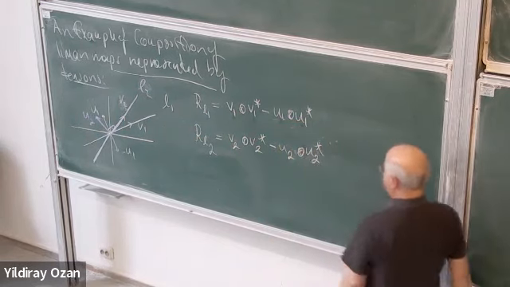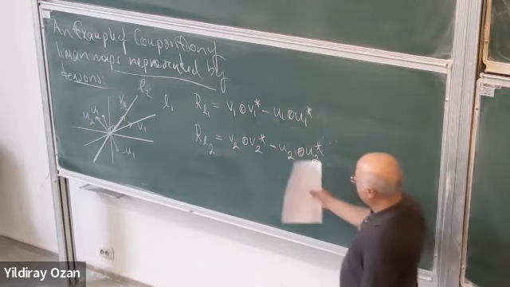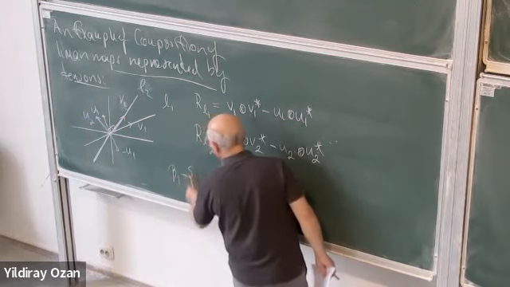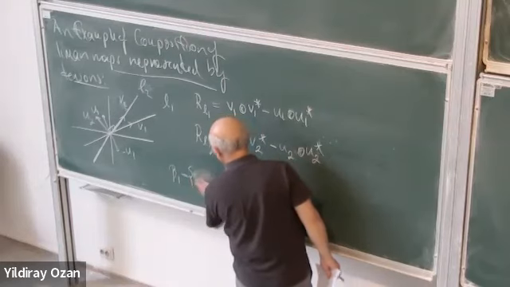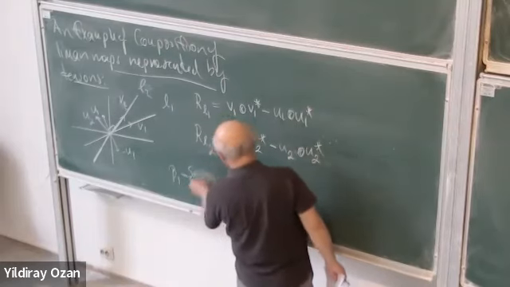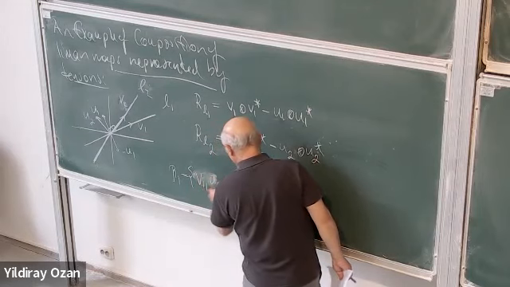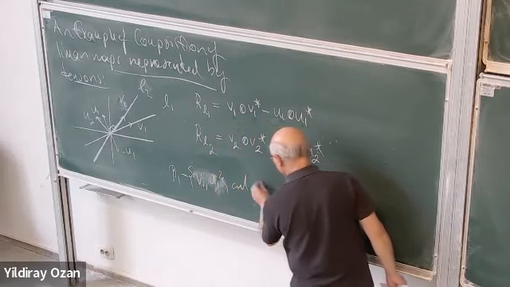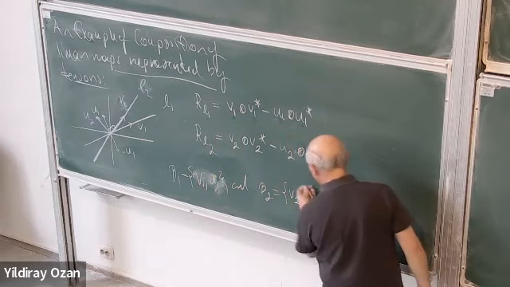Here, of course, we have the basis beta 1, U1, V1, and beta 2, V2, U2.